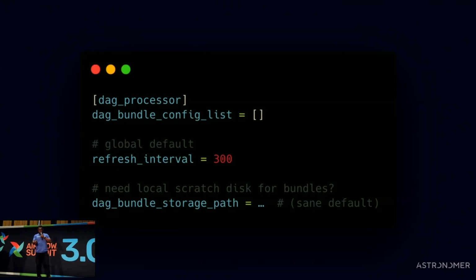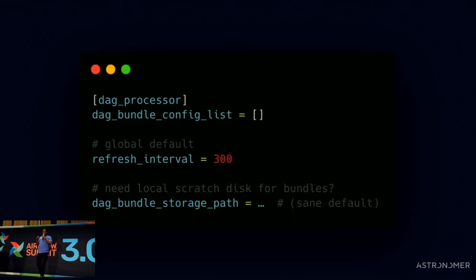That brings us to how to do that. In the Dag processor section of the Airflow configuration, you have the Dag bundle config list. In this config list, you can add as many bundles as you want. You can have the Git Dag bundle, you can have the local Dag bundle, and any of the bundles. You can even have multiple of the same, and configure it, and Airflow will be able to get Dags from those bundles.